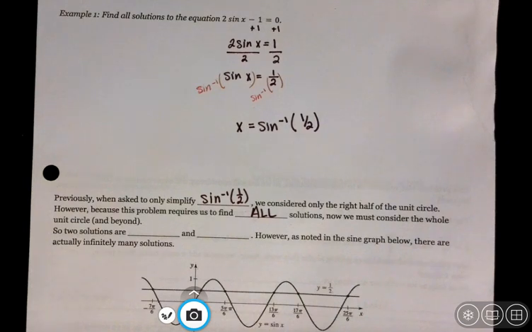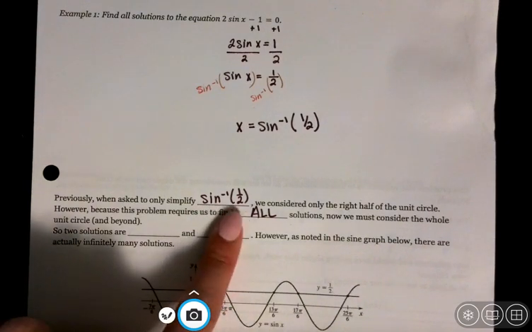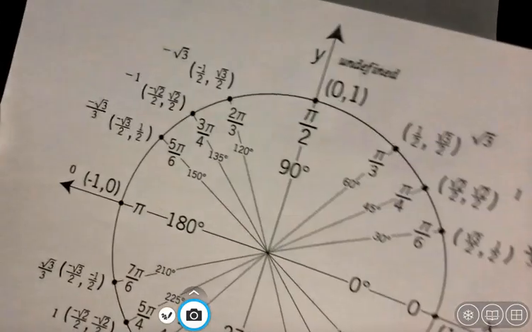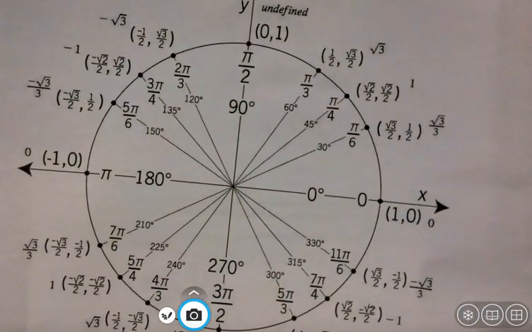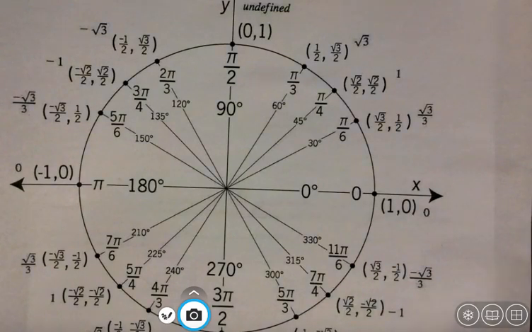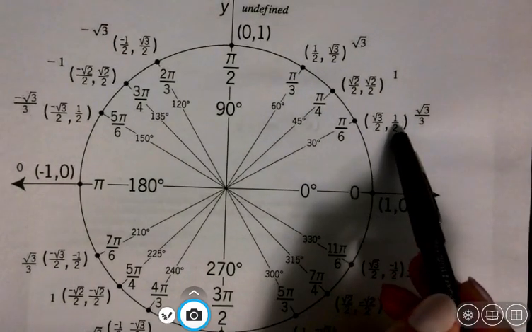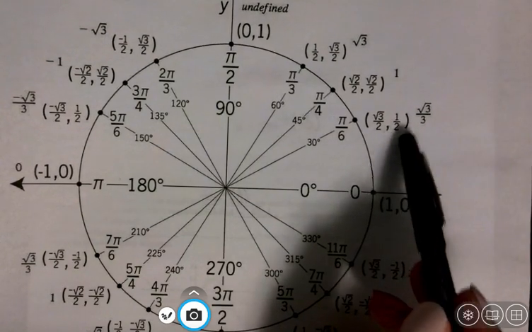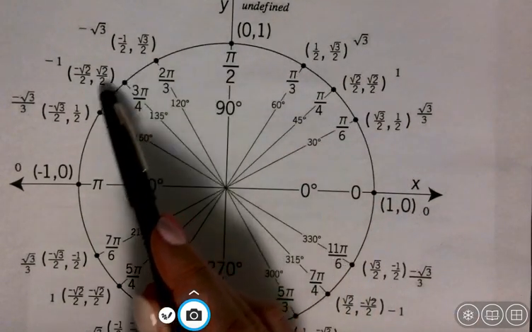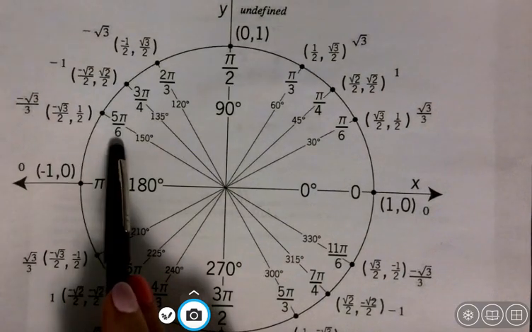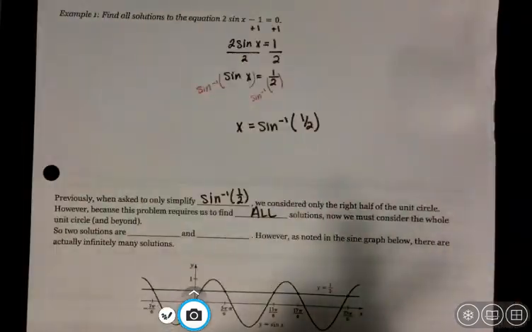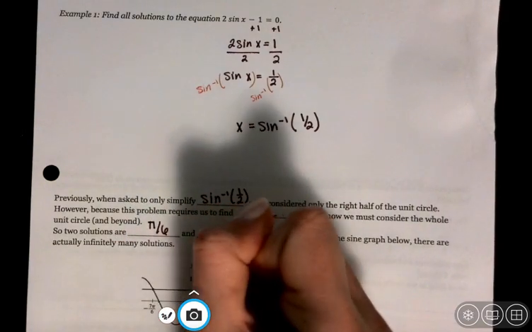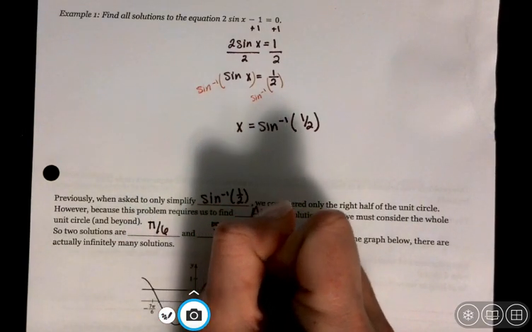So if we're trying to figure out arcsine of 1/2, we want to look at our unit circle and find what angles have a sine value of 1/2. So sine is my y, so I have one right here at pi/6. And my other one is here at 5 pi/6. So back to our notes, we know our two solutions are going to be at pi/6 and 5 pi/6.